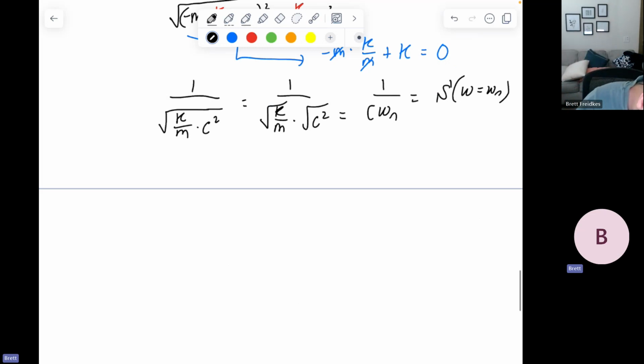For example, if we note what the damping ratio of the system is, we go back to vibrations, we know that the damping ratio is c over 2m omega n. So we can go ahead and do some manipulation here. Maybe we solve for omega n or c or something along those lines. Maybe we'll solve for c. c is 2m zeta omega n.